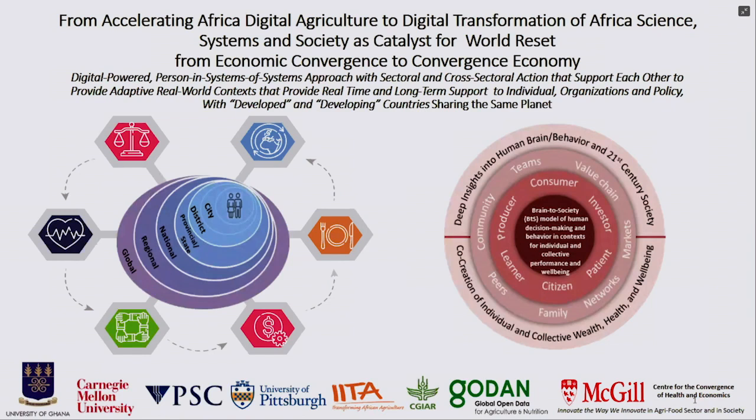This is something that can be built upon in looking at the digital anchor of digital agriculture, in moving forward toward creating this person-centered, digital-powered global ecosystem of platforms, so that we equip the farmer themselves to be efficient and so on and so forth.